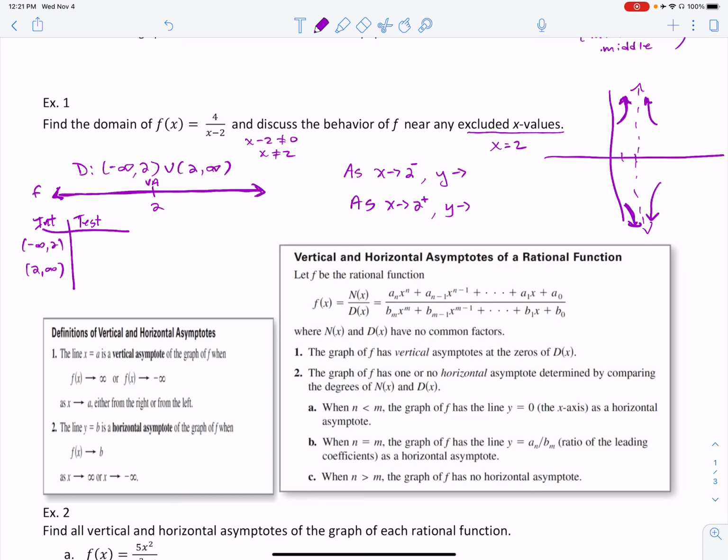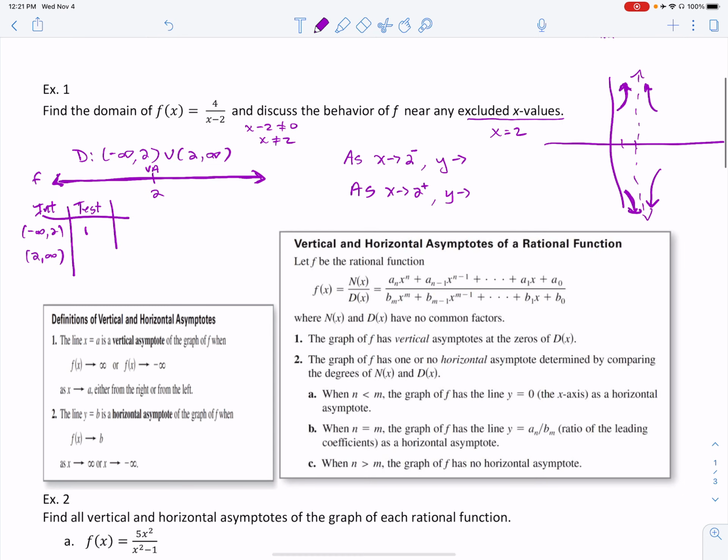If I put 1 into the function, that function is 4 over x minus 2, so I have 4 over 1 minus 2, would be 4, positive divided by negative, so it's going to be negative. And that's basically all I need to know. I just need to know if it's positive or negative.